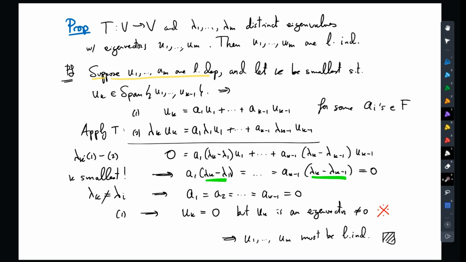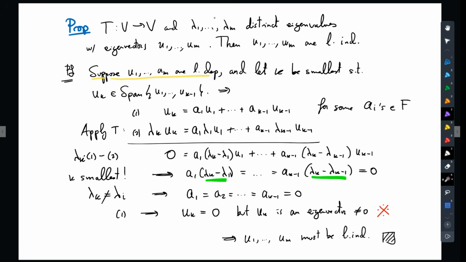And that tells me that this is not possible, because otherwise there would be a linear dependence among u1 through uk minus 1. In particular, for example, uk minus 1 would be in the span of all the others. So that tells me that every coefficient here has to be 0.